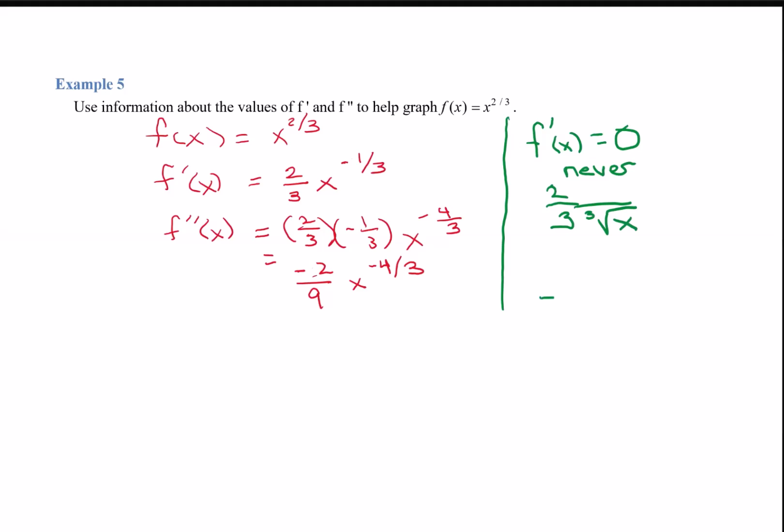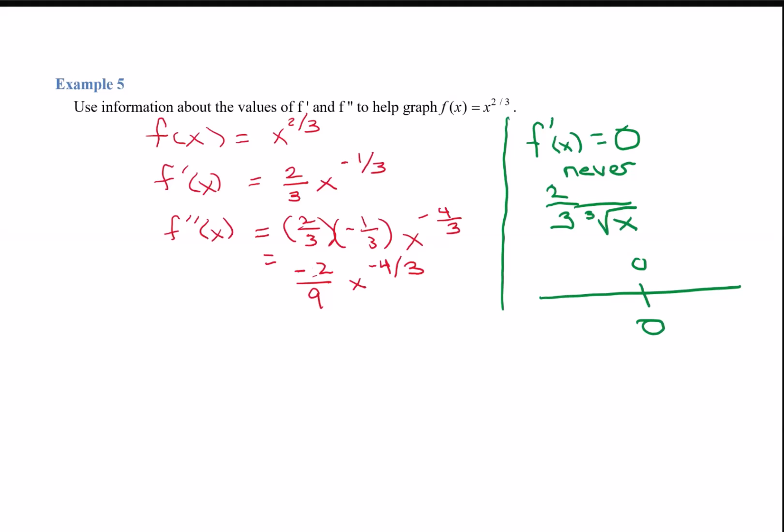So we know it's not 0 anywhere, but is there a place where it goes from positive to negative? Well, since it's a cube root, it does. Whenever x is negative, so here's 0, remember we definitely have an open circle at 0.